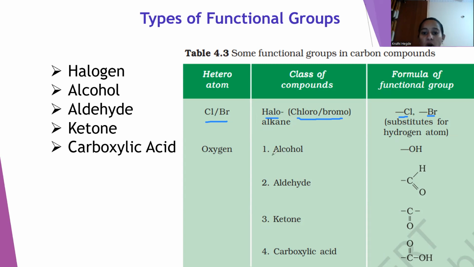In case of alcohol, the heteroatom is oxygen. It will be OH. OH ಹೋಗಿ join ಆದ್ರೆ it's alcohol. Aldehyde ಅಲ್ಲಿ it is CHO. Short ಆಗಿ ಬರೆಯೋದಾದ್ರೆ we write it as CHO, where it will be C double bond O, single bond H.